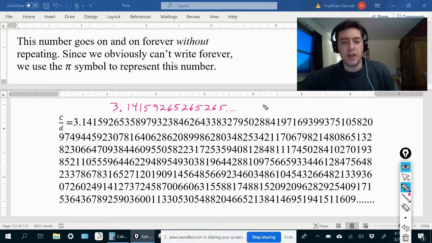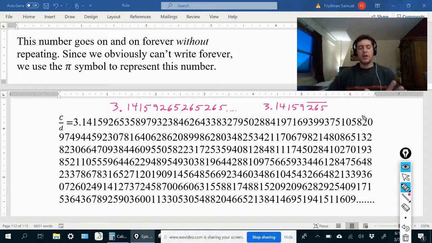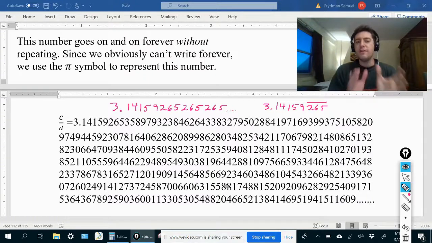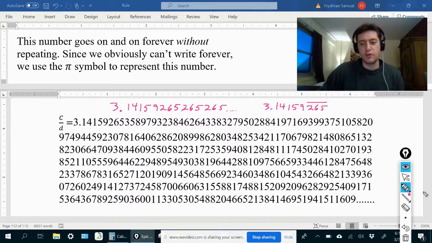Then we would be able to write 3.1415925 and put the bar over the 265. That would be okay. But this number over here, at no point is it going to start repeating itself. Not from the beginning and not anywhere. Even if you go a million decimal places in, it will never start repeating itself. So we're never going to be able to write this number using a bar as if it repeated itself like what I just wrote over here.